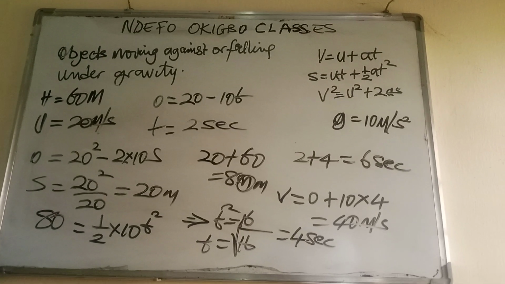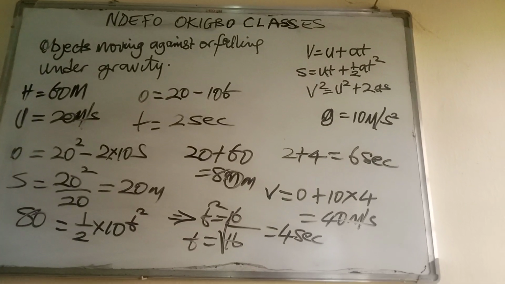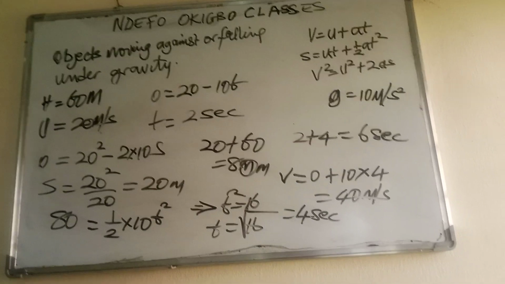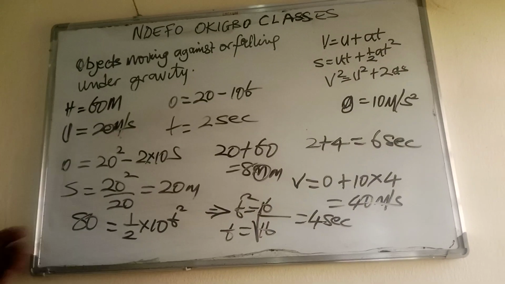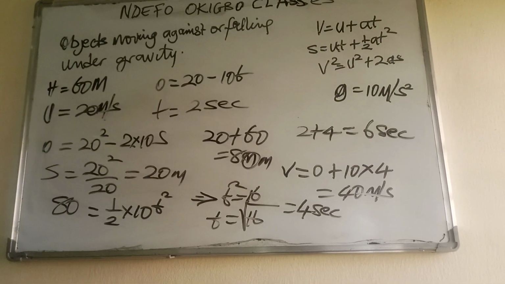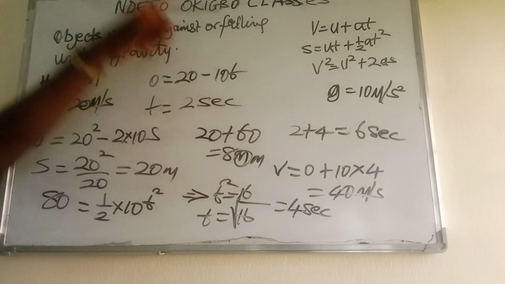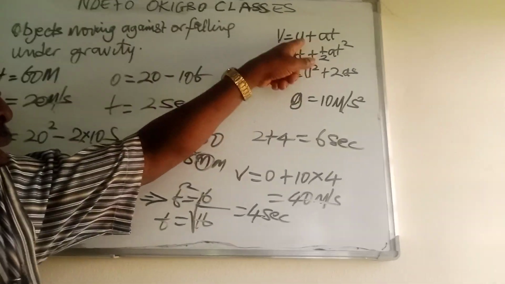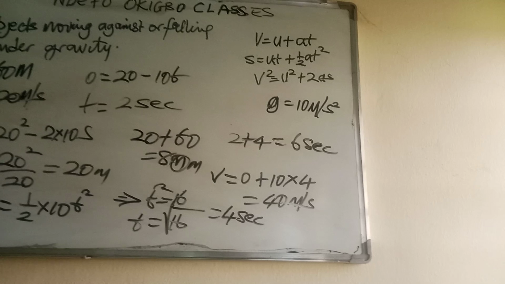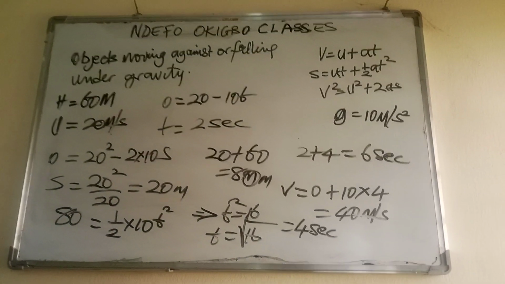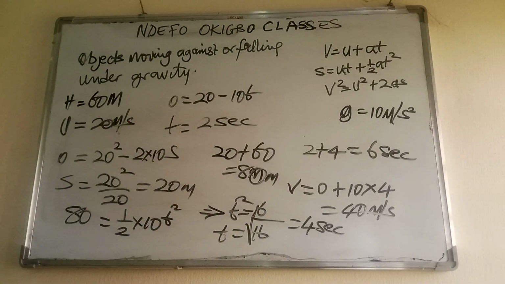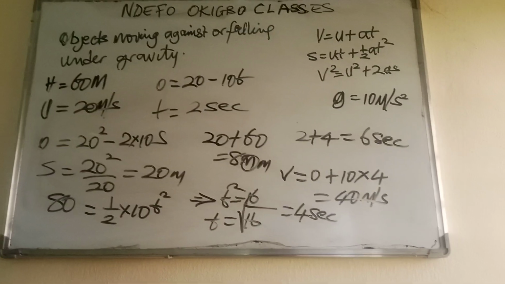Then with the 4 seconds he used from the highest top to the ground, we can get the velocity with which he hit the ground using the first equation, because now u will be 0, the initial velocity. 10 times the time of 4 gives 40. So we get 40 meters per second. That's the velocity with which he hit the ground.